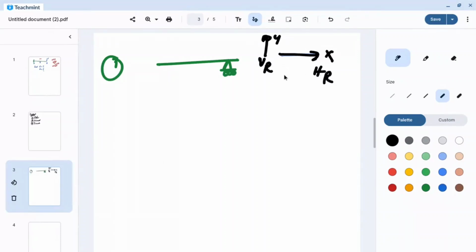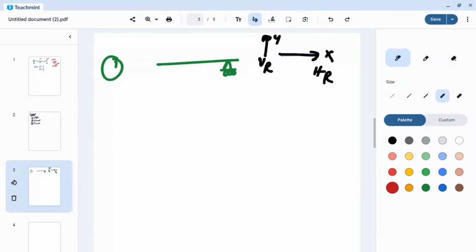In the roller support, horizontal there is no reaction, so no reaction on either left or right.